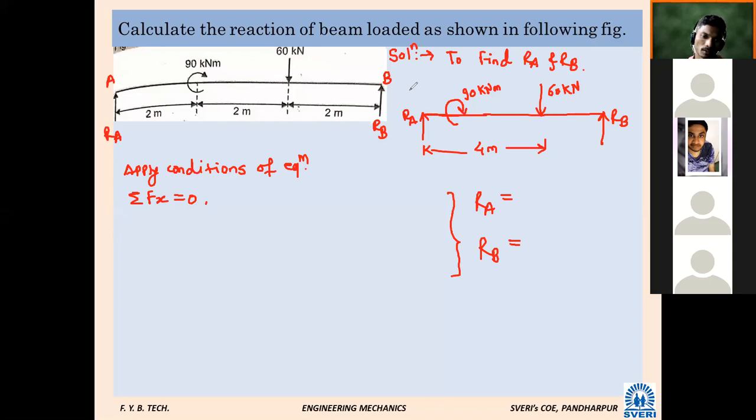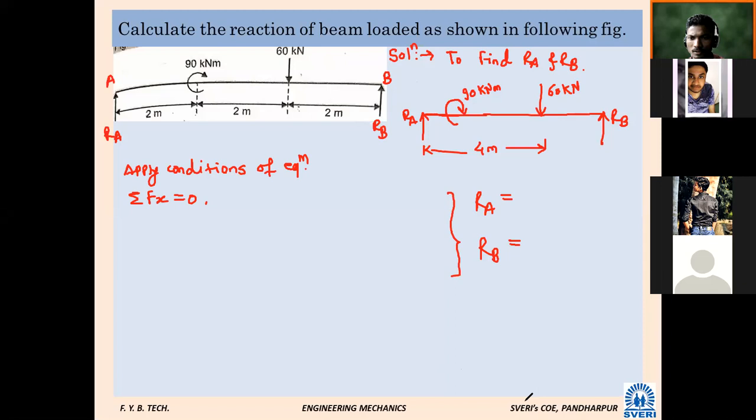Gaurav, roll number 18. Have you got the answer of RA and RB? Solving, sir. Solve first. Yes, sir. Have you got the answer? I will wait for 2 minutes.